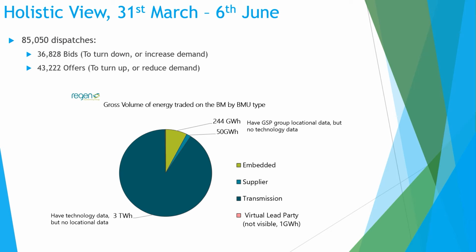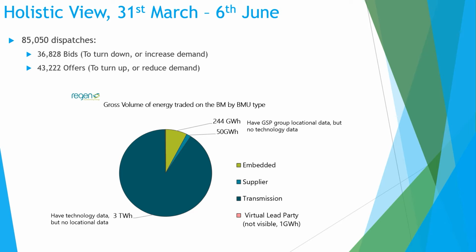But despite this, it's true that you can see some trends in the balancing mechanism and get an idea of what's happening. So over this 2-month period, 85,000 dispatches were made, 36,000 of them bids, 43,000 of them offers.